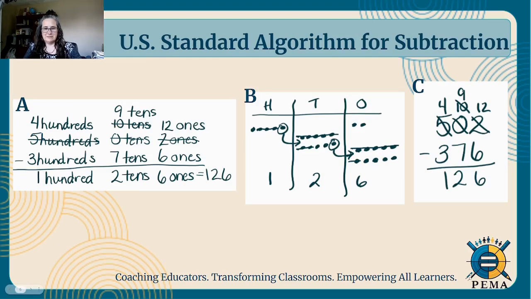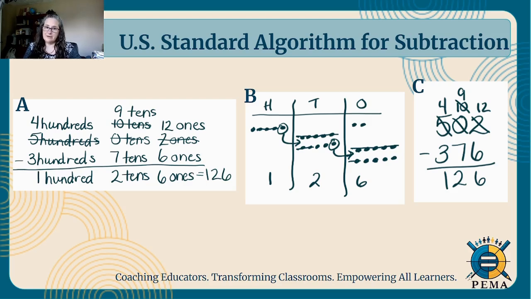Let's look at the algorithm. So I don't have quite as many representations here, but we can have the same conversation. Again, the US standard algorithm for subtraction is a prescribed procedural set of steps that when I use the US standard algorithm, I'm always going to go in the same order, and every student that uses this strategy to solve is going to do it the same way.